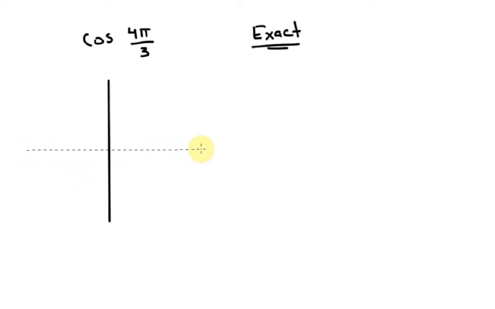I'm going to draw a grid here, and on that grid I'm going to try to locate where 4 pi over 3 is. Now it is helpful to know that 90 degrees is pi by 2. If you are working in approximations, it's half of pi, and pi is a little more than 3, so this is something around 1.6.